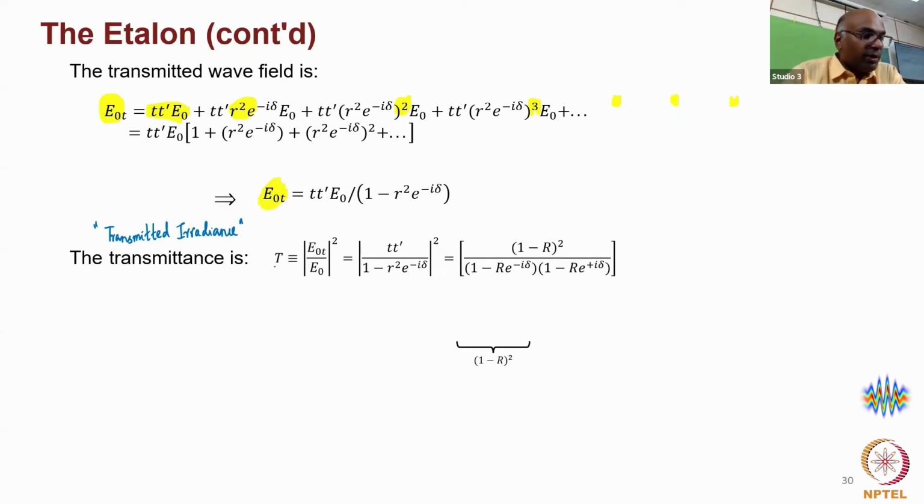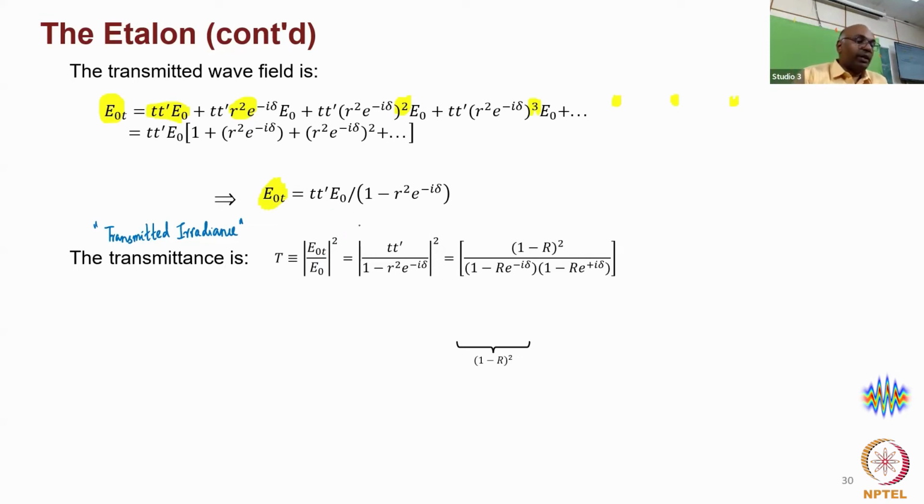So T, the transmittance, is the absolute value squared of E naught T divided by E naught, the transmitted wave electric field amplitude divided by the incident electric field amplitude, square of this ratio after taking its absolute value.